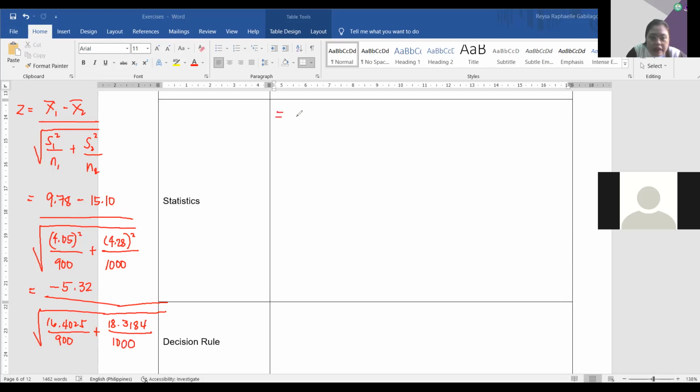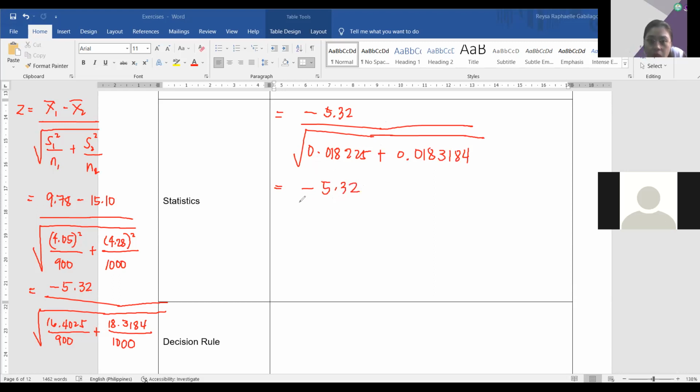Dito ako mag-continue. So, negative 5.32 divided by square root of 16.4025 divided by 900 is 0.018225 plus 18.3184 divided by 1,000 is 0.018384.